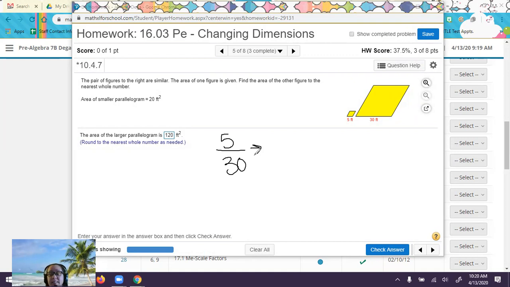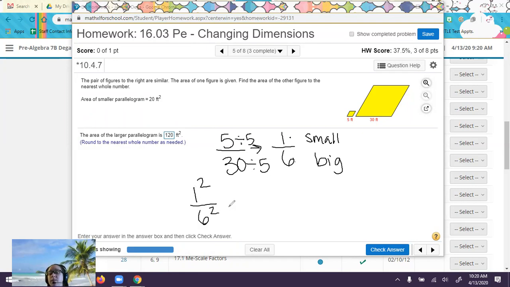It really is. So we reduce this. Okay, so we get 1 over 6. We simplified it by dividing by 5. And that's just how the sides compare, small to big. Then this is the part that you have to square. 1 squared over 6 squared, 1 over 36.